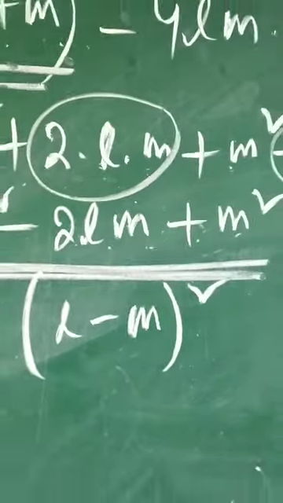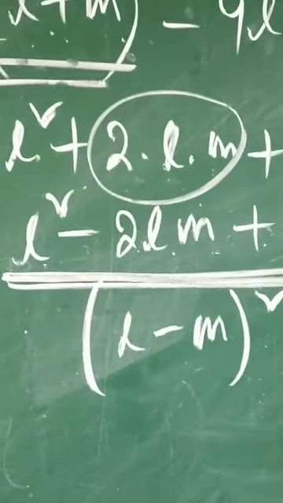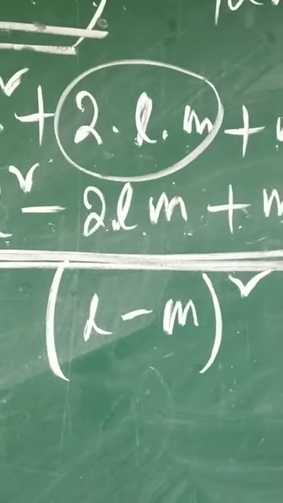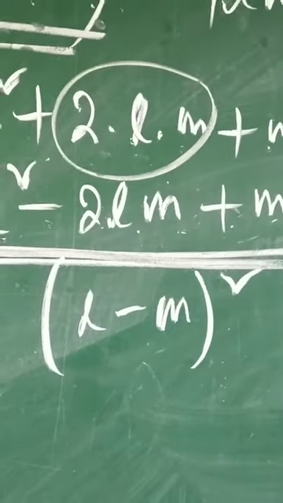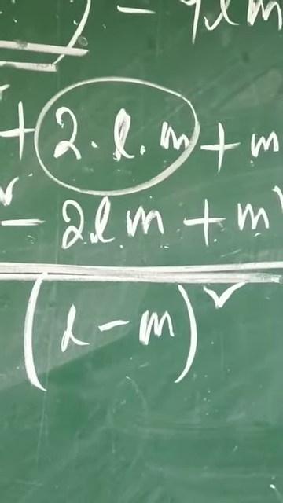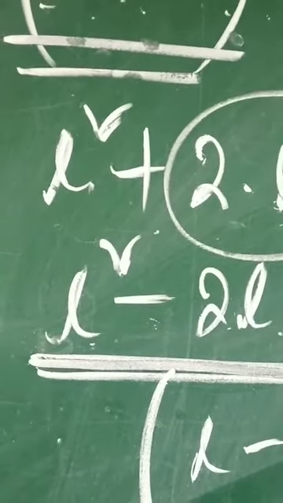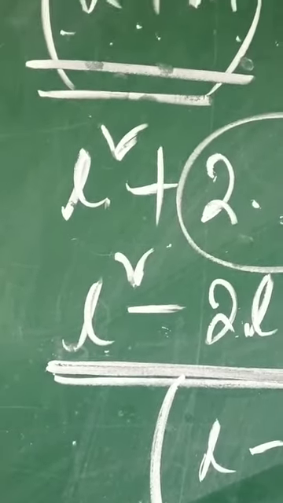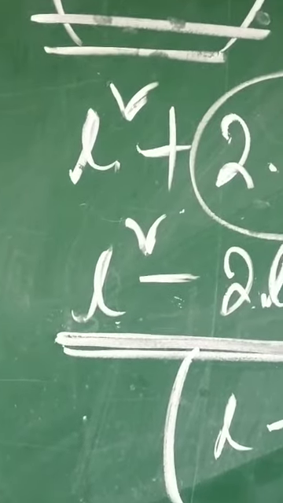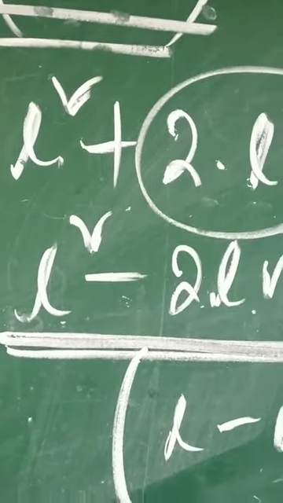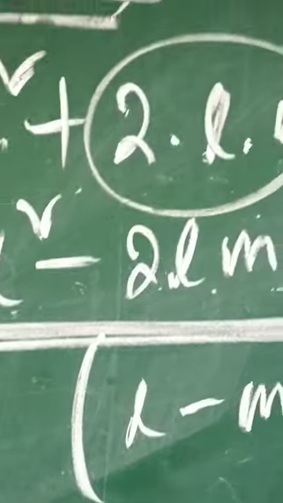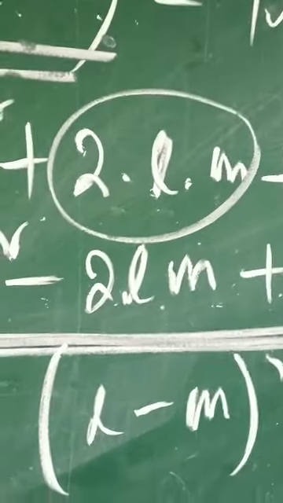Children, don't get confused if I'm uttering (a - b) whole square and writing (l - m) whole square. There is no difference at all. Actually, (a + b) whole square or (a - b) whole square is just a common identity. In the place of a, we can have a, b, c, d, a to z, any alphabet. In the place of b, we can use any alphabet. So that doesn't make any difference.